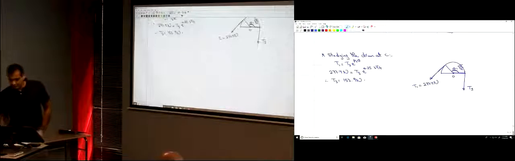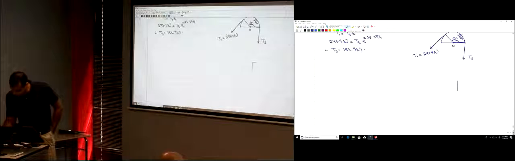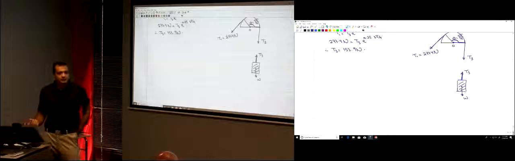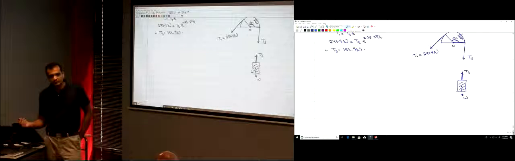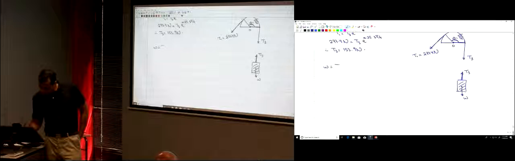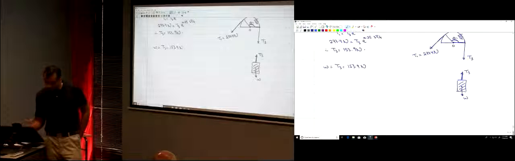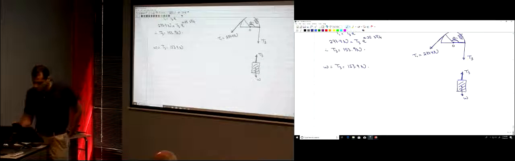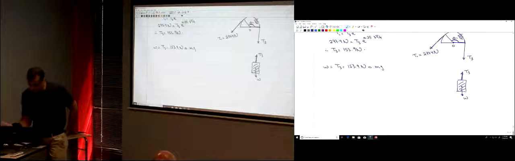Now you have T3 and you have the weight of the object, W. So how much is the weight? It's the same magnitude. W is equal to T3, so the weight is 153.9 newtons. This weight is equal to mg.